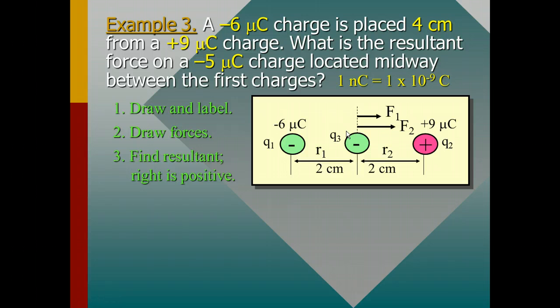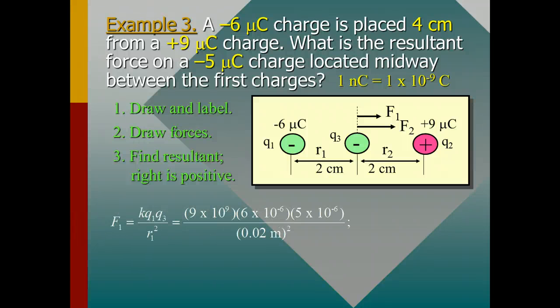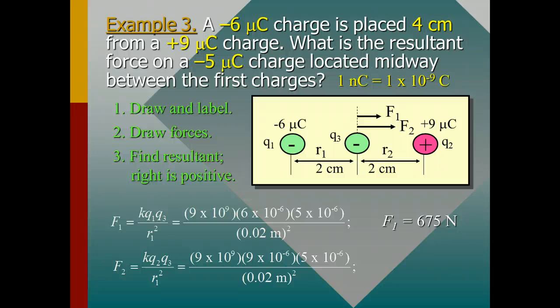Next, we know that our resultant force is going to be toward the right, so we're going to call right positive here. And so we have the force between Q1 and Q3, which is 675 newtons. We have the force between Q2 and Q3, which is 1013 newtons. And what do we have to do to those two forces? Well, this is vector addition.